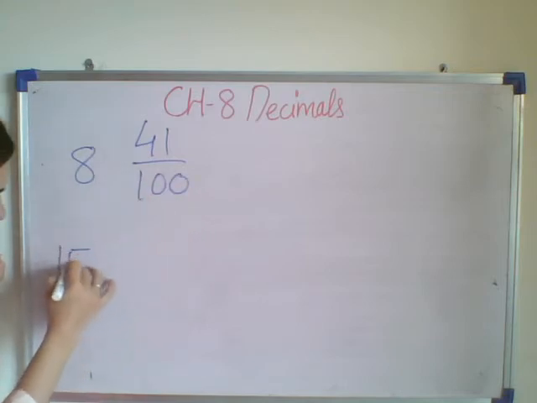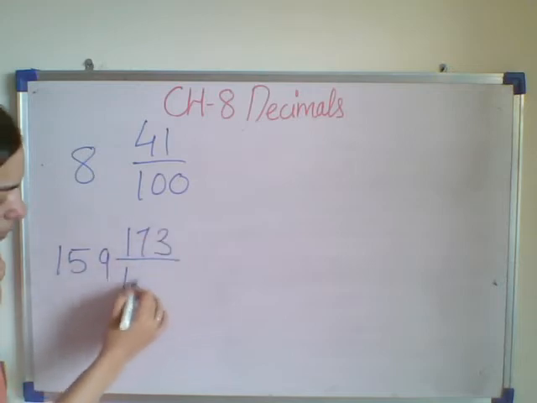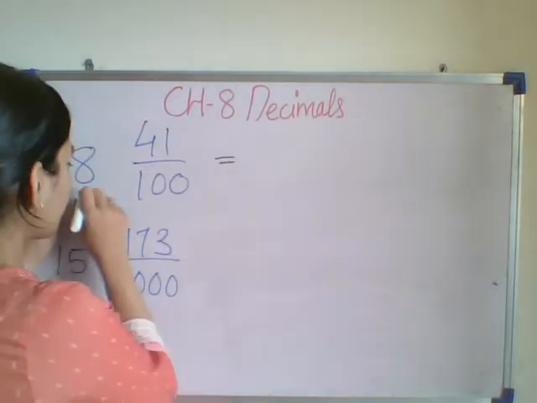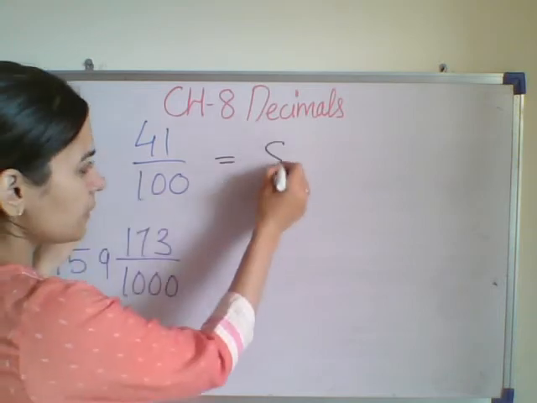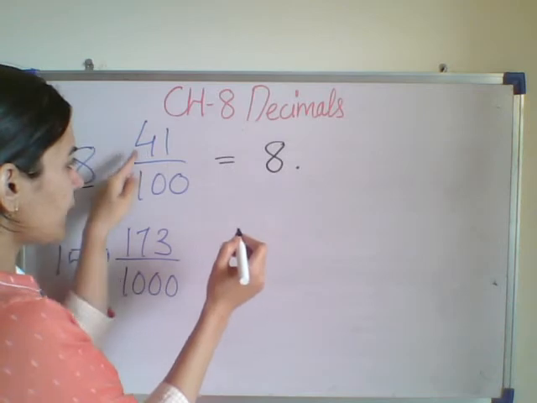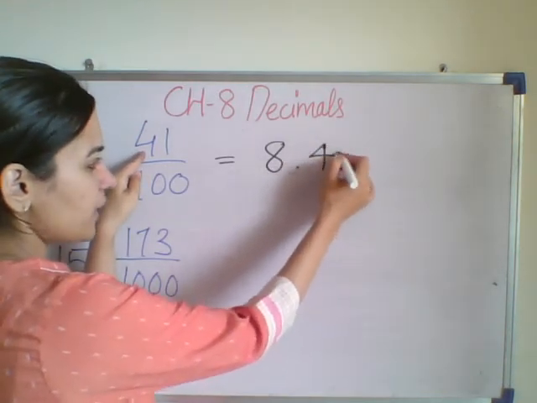Then let us take some larger number, 159, 173 upon 1000. Now how could we write it in the decimal form? First of all, I will be writing this 8 whole number, that is 8. Then I will be putting the decimal.